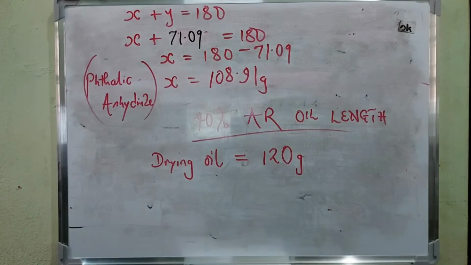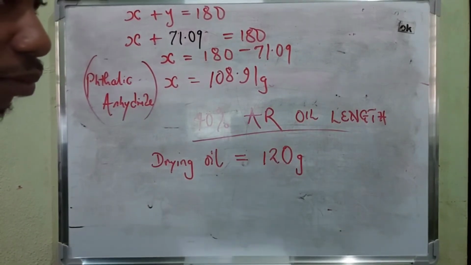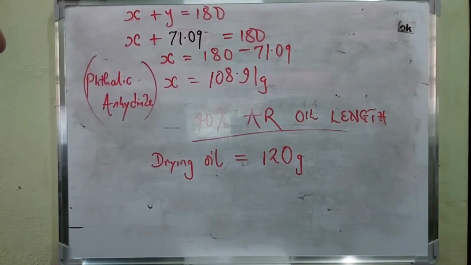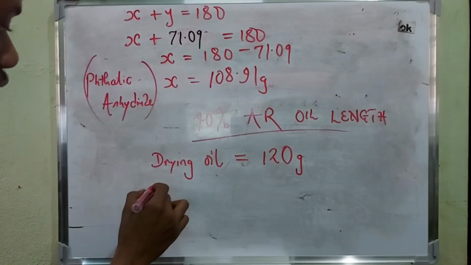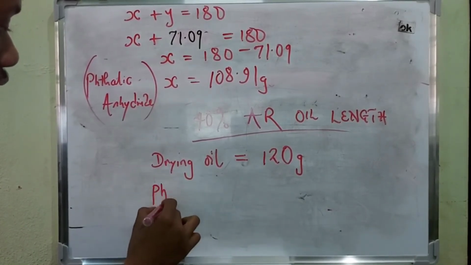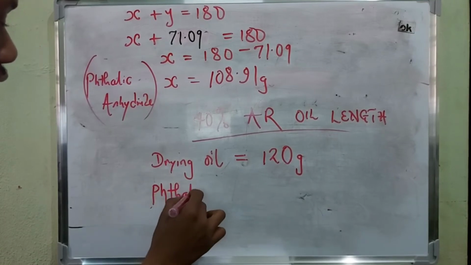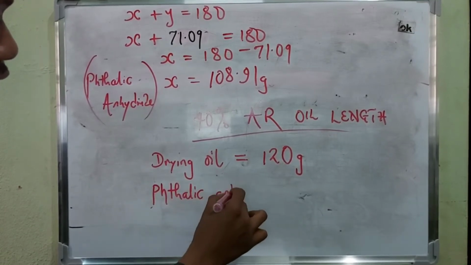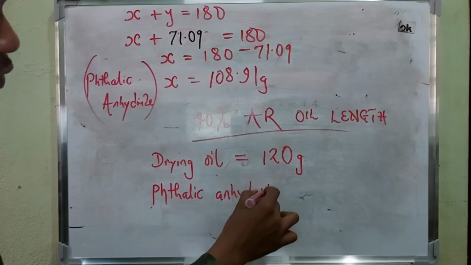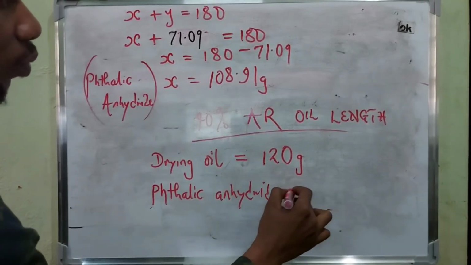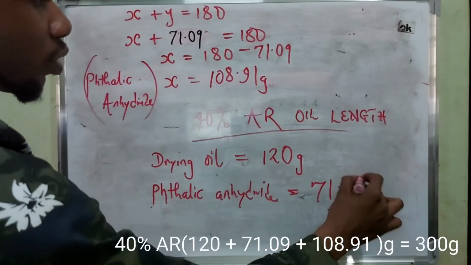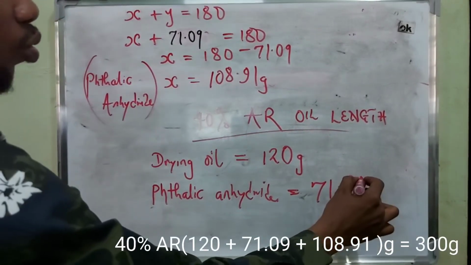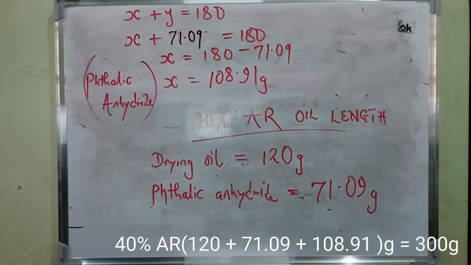Remember, we are working on a 300 gram Alkyd resin formulation synthesis. So drying oil 120 gram, and we need our benzene 1,2-dicarboxylic acid, that's phthalic anhydride. We just found out that we need the exact amount to be 71.09 gram. No approximations in your measurements is very important. You use the actual weight.